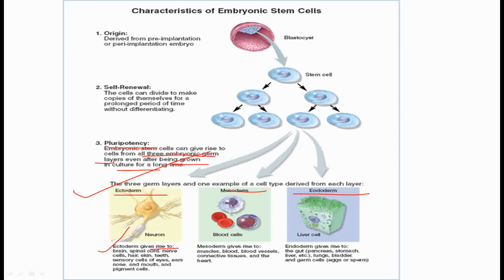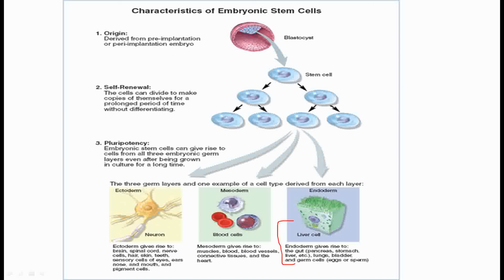Ectoderm gives rise to brain, spinal cord, nerve cells, hair, skin, teeth, sensory cells of eyes, ears, nose and mouth, and pigment cells. If we talk about the mesoderm, mesoderm gives rise to muscles, blood vessels, connective tissues and the heart.